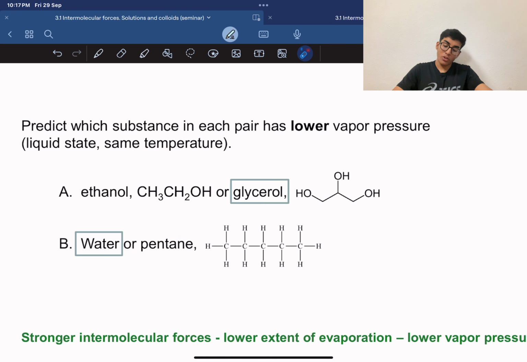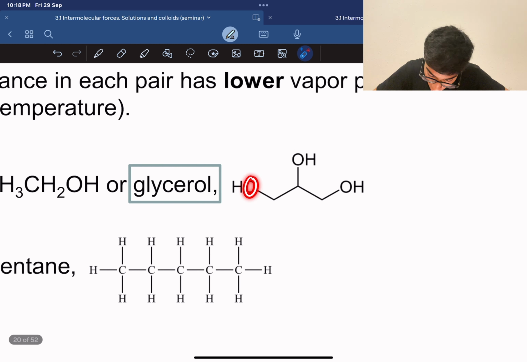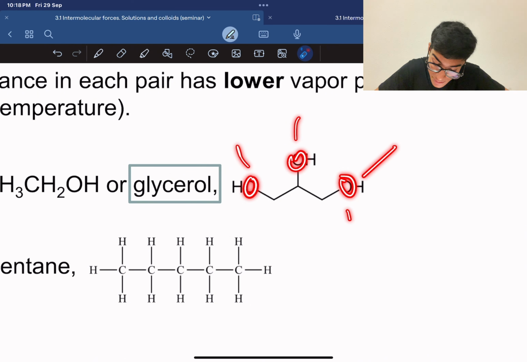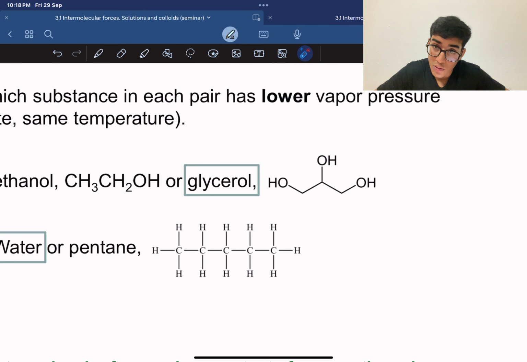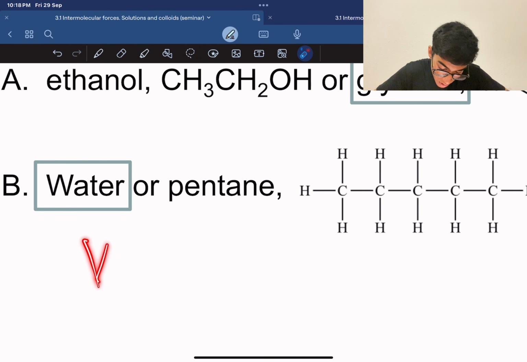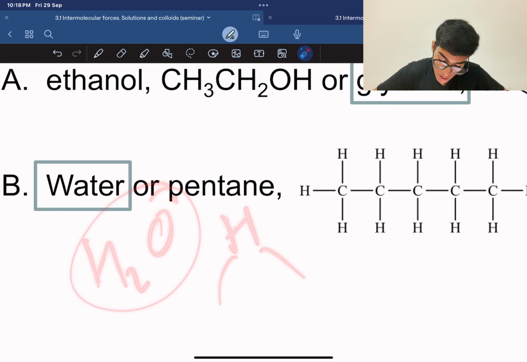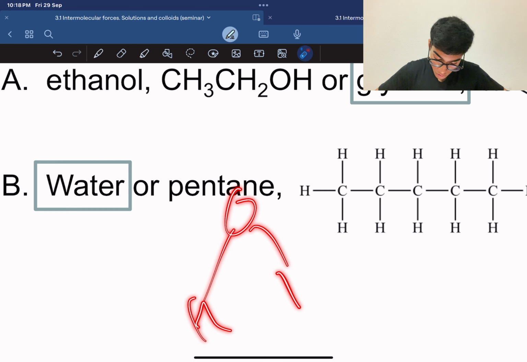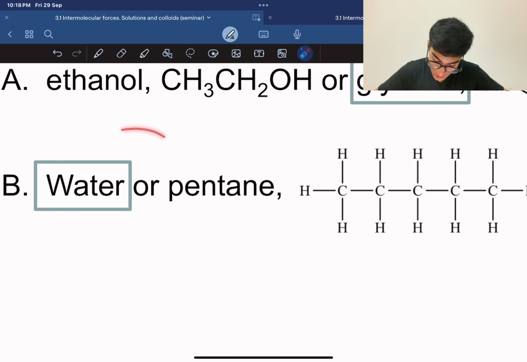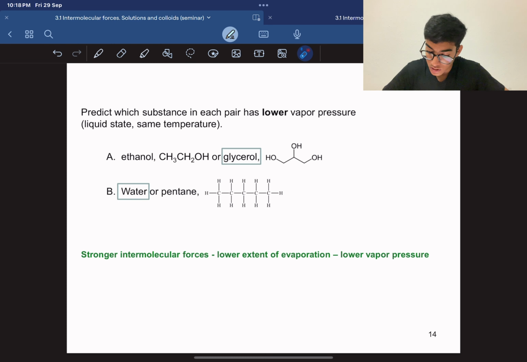So we are just looking for the weak forces. Over here, you can see we have OH. So hydrogen bonds, the strongest force there is. But over here you can see there are 3 points of attachment. So hell yeah, this is going to be stronger. Water, H2O, has H and O, OH, hydrogen bonds, definitely stronger than this.